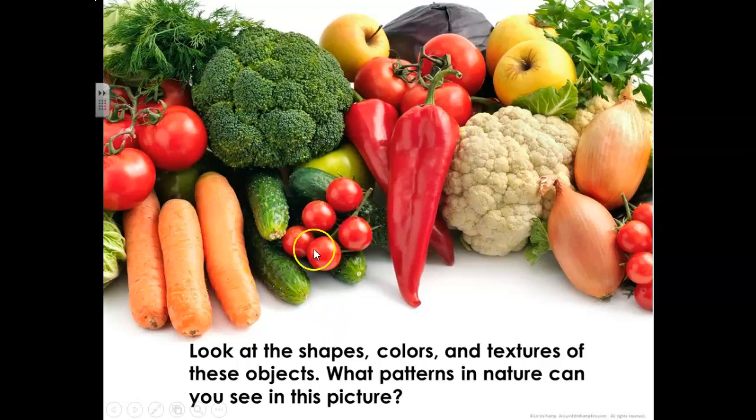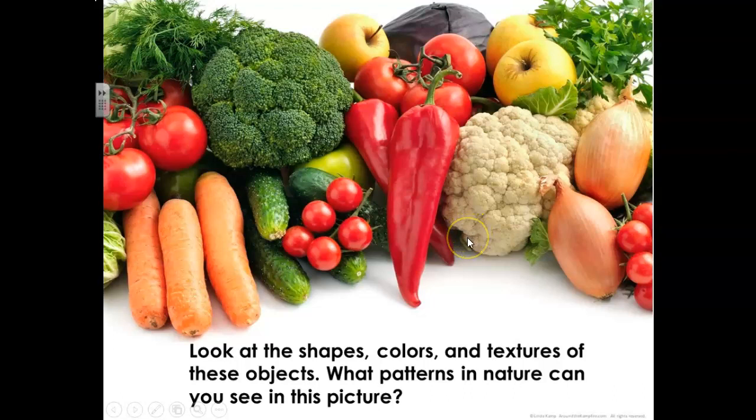They're colorful, right? Are all of the foods the same shape? No, they're all different shapes. Some are round, some are oval. This is more of a cone shape. Right here are some round ones. Some are smooth, the texture is smooth. Some are bumpy. Some are rough.